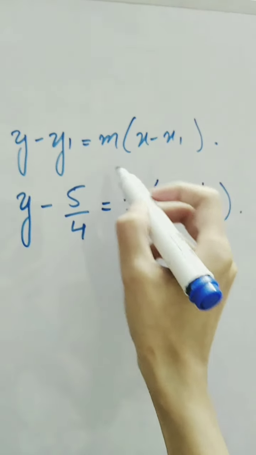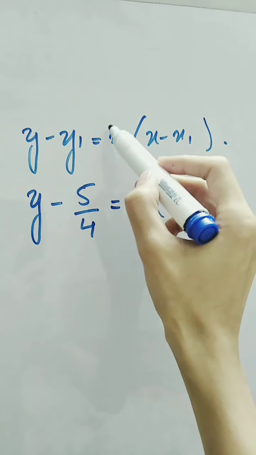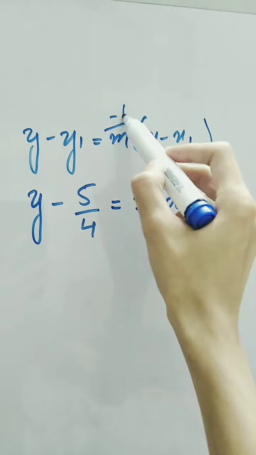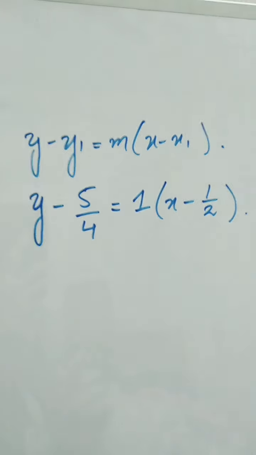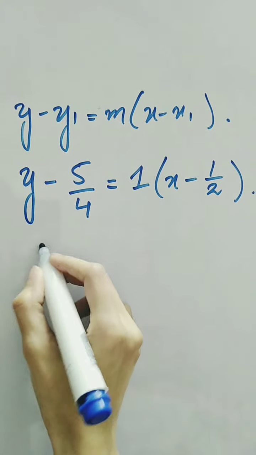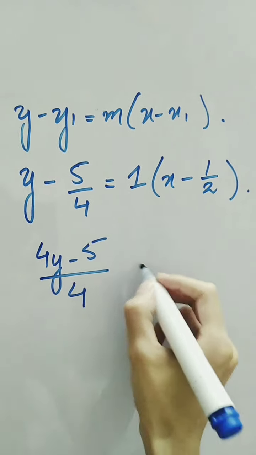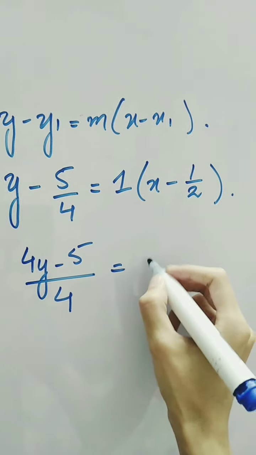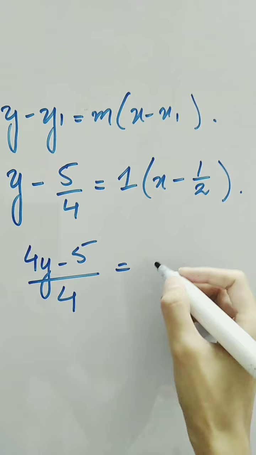If we had not calculated the value of gradient for the normal already, we would put in this equation minus 1 over m for the normal. Now further solving, we will have 4y minus 5 over 4. We have just taken an LCM here. And similarly, 1 multiplied with this bracket doesn't make any difference.